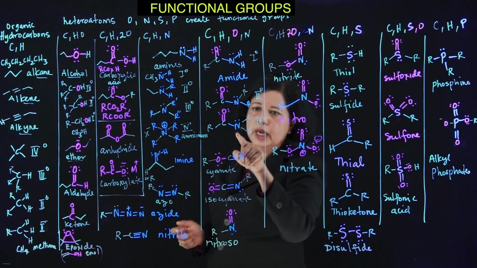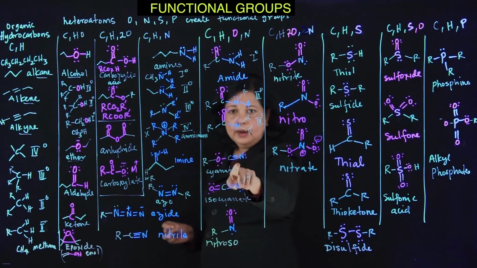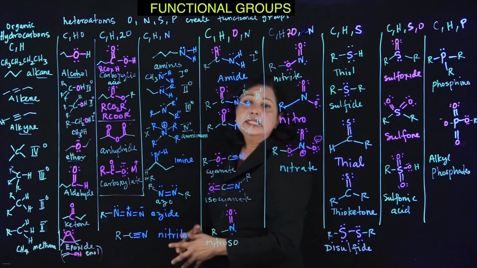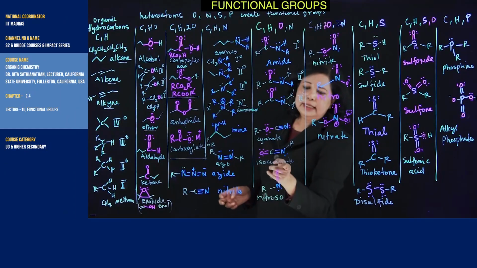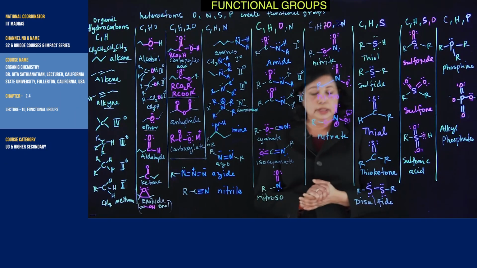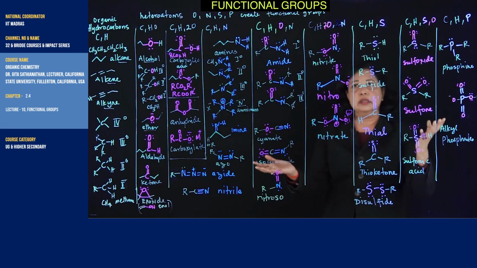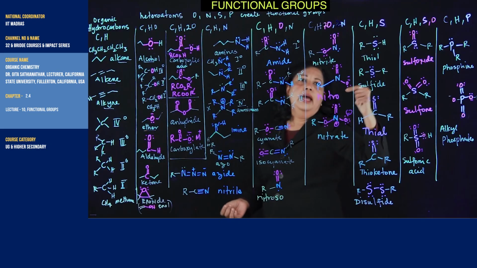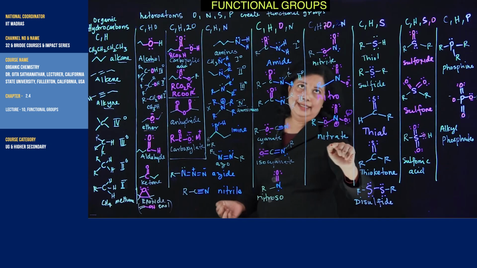And we can also have a triple bond, nitrile, and if you add an oxygen, that will be a cyanate. You isomerize that, isocyanate, and then we can have just nitroso compounds as well. You can have multiple oxygens with nitrogen, nitrite, nitro, and nitrate.